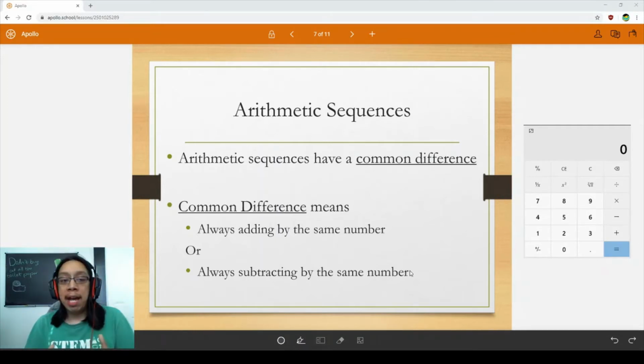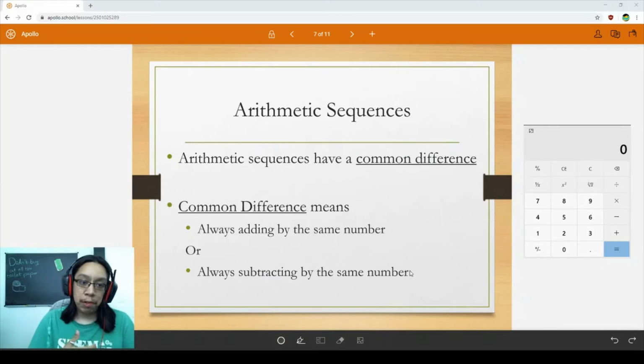What am I adding each time to continue my list? What am I subtracting each time to continue my list? Now, notice the wording here, the word always. If you have a list of numbers where it's going up, but then it's suddenly going down, that can't be an arithmetic sequence. It's either always going up or it's always going down, okay?